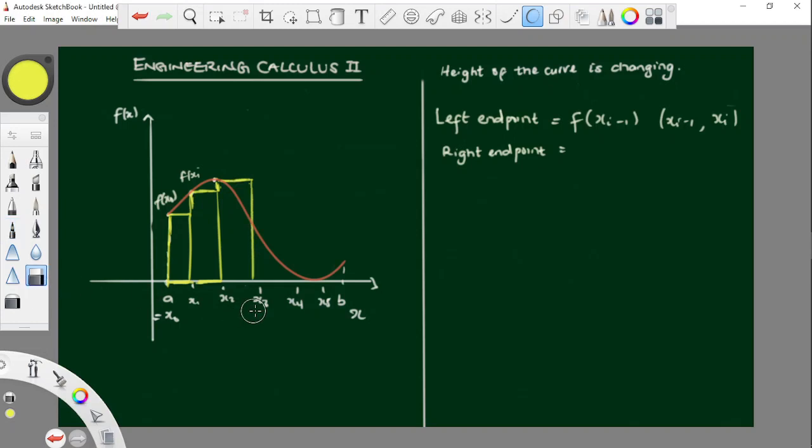Let me then change this up. So we have this, x sub 3. It even allows me to straighten things out. So I can call here my x sub 4 and x sub 5. Okay, so let's return to the problem. So what we can have is that between x3 and x4 is going to be the height of the function at x sub 3, which is here.